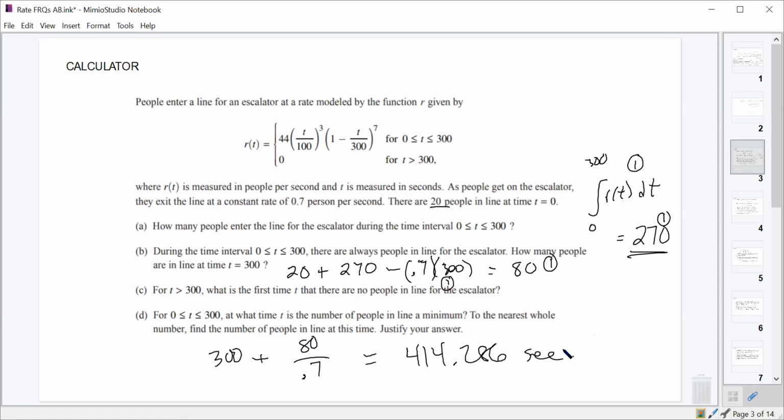B and C are like the easiest questions you could get. There was no calculus involved with any of that. You didn't have to write out any calculus or do any integrals. I mean, you could have. You could have integrated the 0.7 to get 0.7t and then 300 times that.